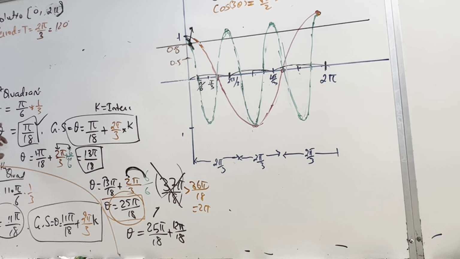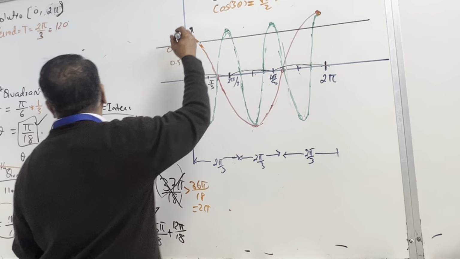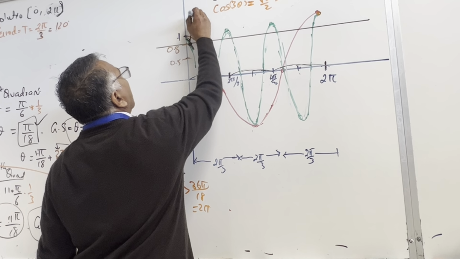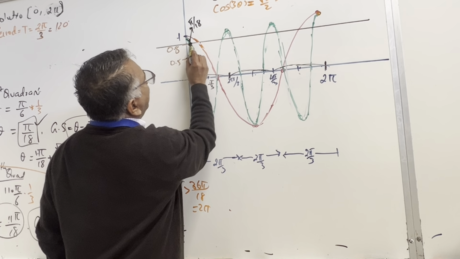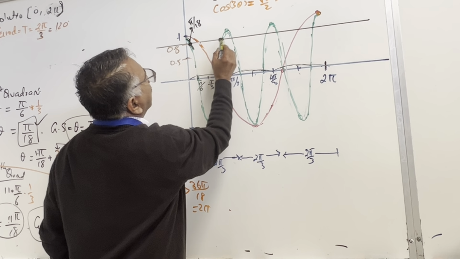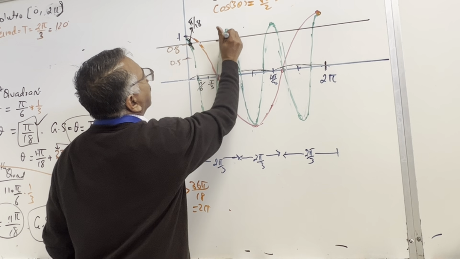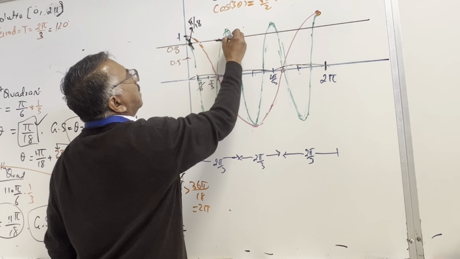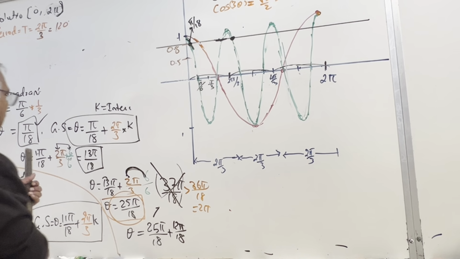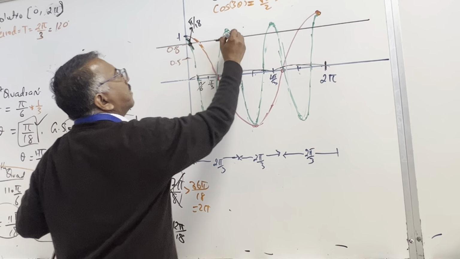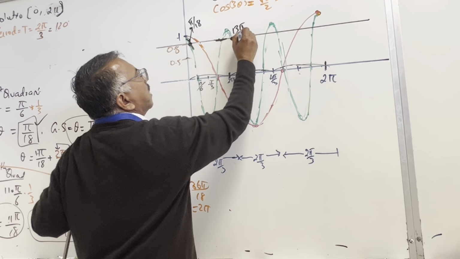So the first one is pi by 18, and from this point to this point there is a cycle. This part to this is the point 13 pi by 18. So this is where you have 13 pi by 18.